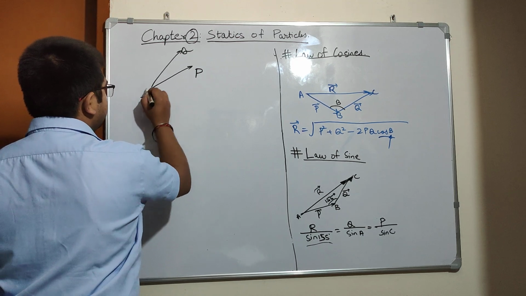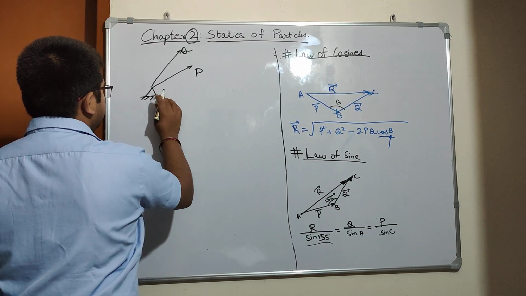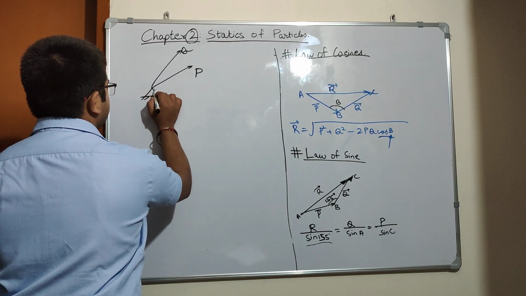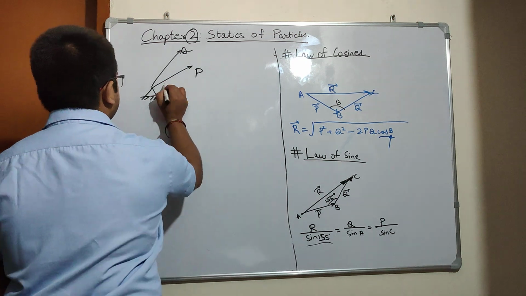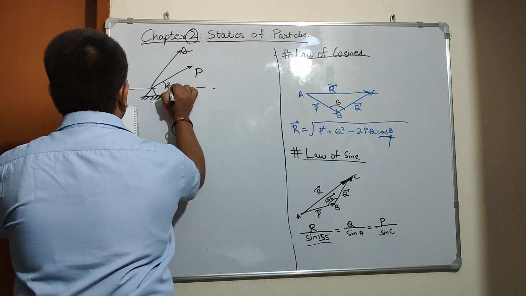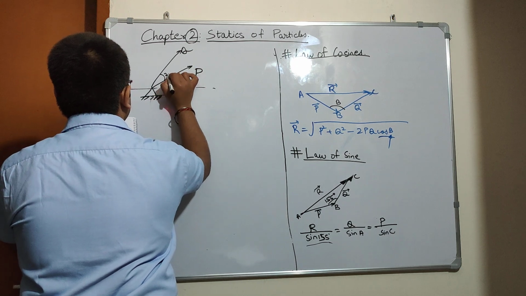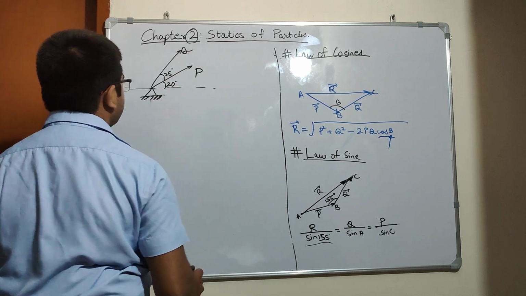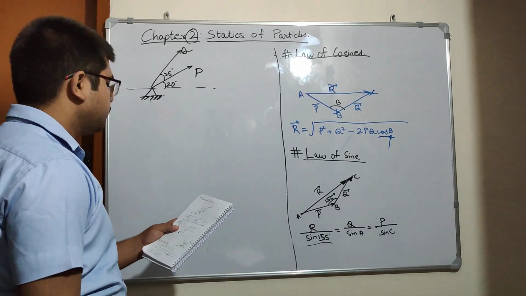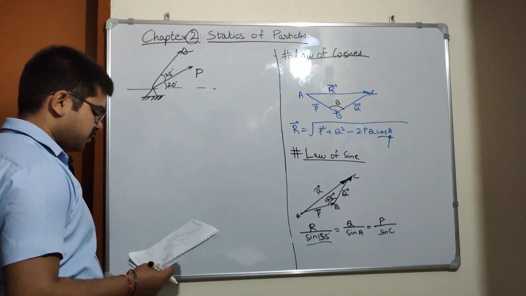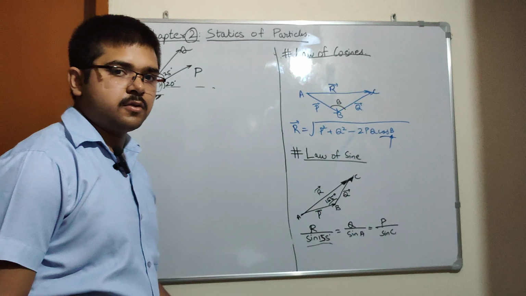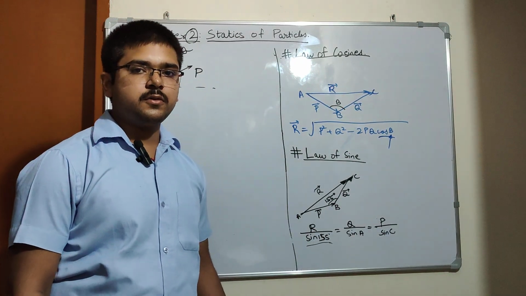This is actually a hinge where the two forces are acting, and this angle we know as 20 degrees and this is 25 degrees. We have to calculate the resultant of the two forces. So that will be done in the next video.